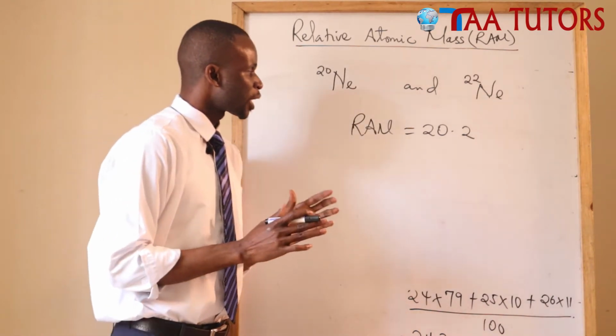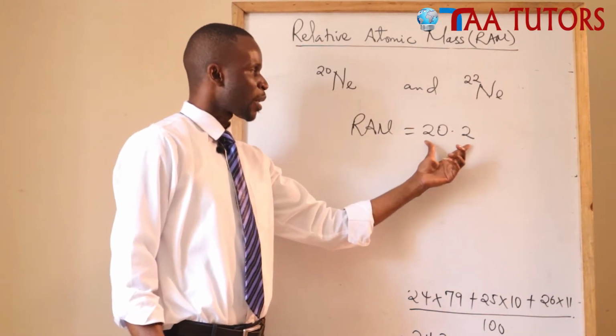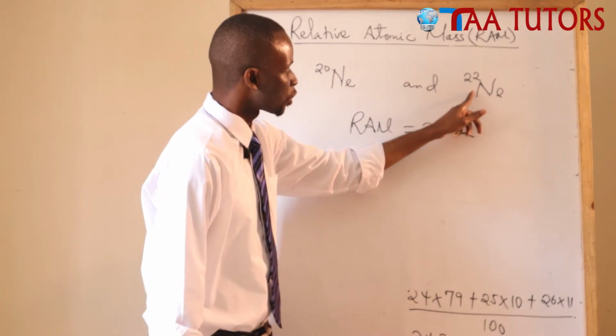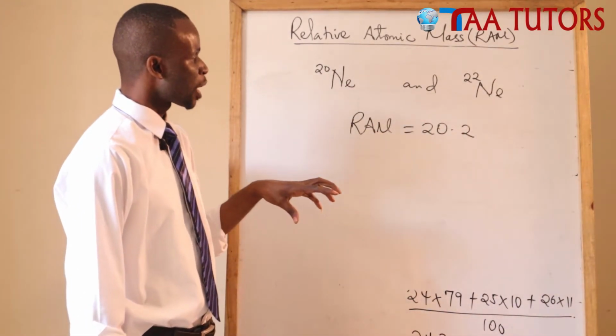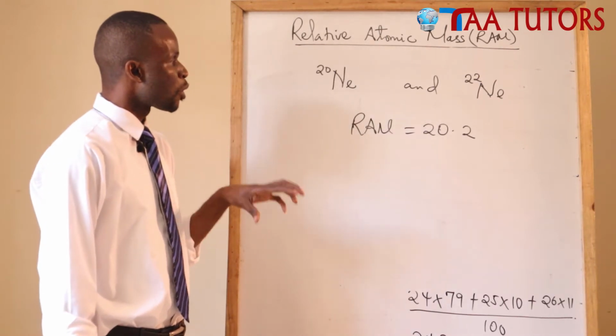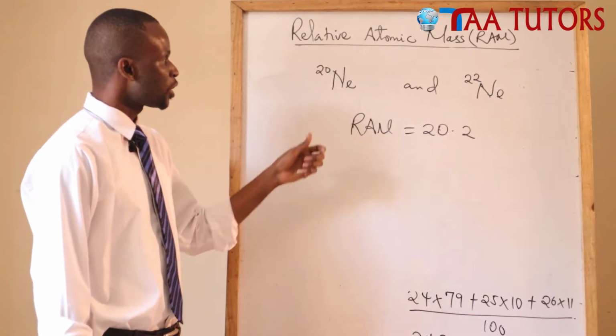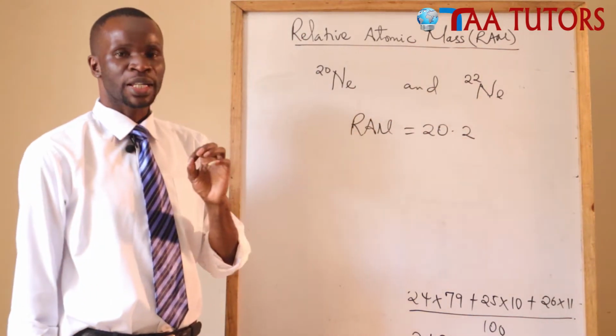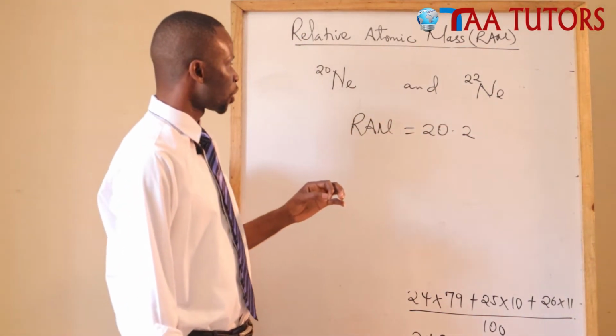In this particular case, the examiner has calculated for us the relative atomic mass. Then we have the mass number of neon 20, we have the mass number of neon 22. Then the examiner asks you, what is the most abundant isotope? Is it neon 20 or neon 22? In other words, which one has the highest percentage composition?